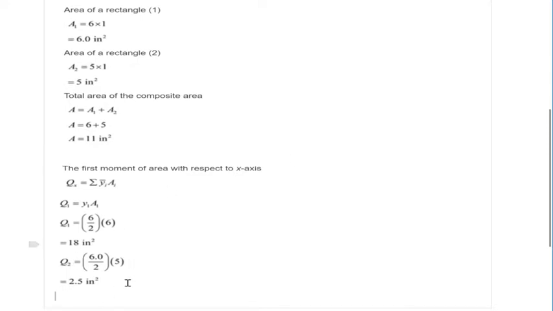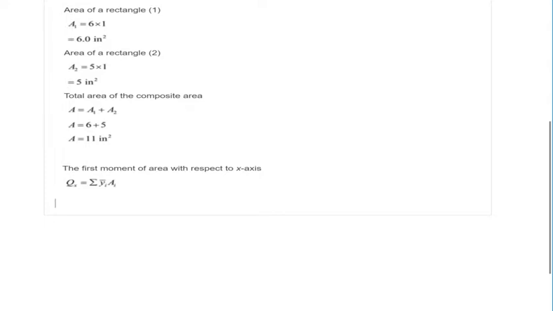Okay, so here there's a typo. Sorry about this. The area is 5, and this would be 1/2. Okay, so I'm just gonna erase this, and I'm going to put it back as it should be.